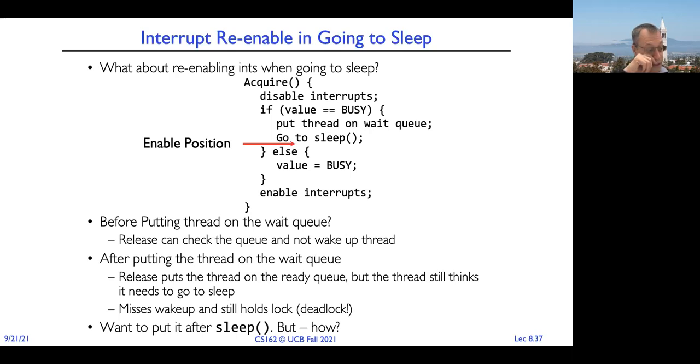Have the kernel do it for now. Yes, you can have the kernel do it, but how do you do it? You do it whenever you do the sleep. That's not good, right? Because you can call sleep for many other cases.